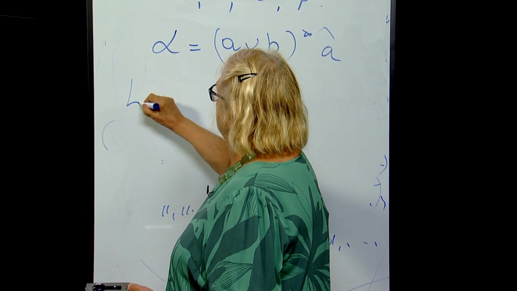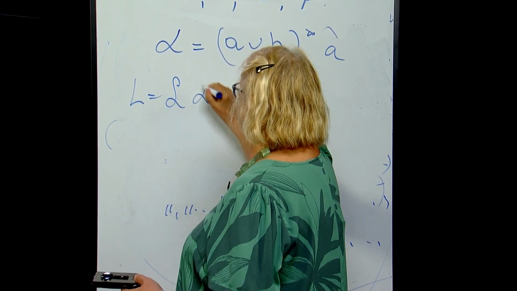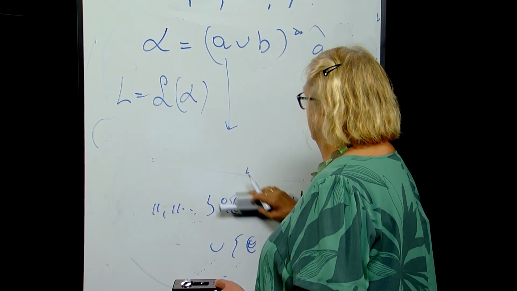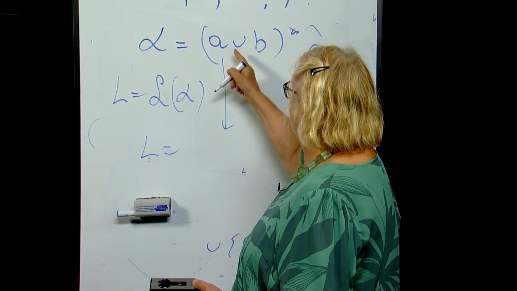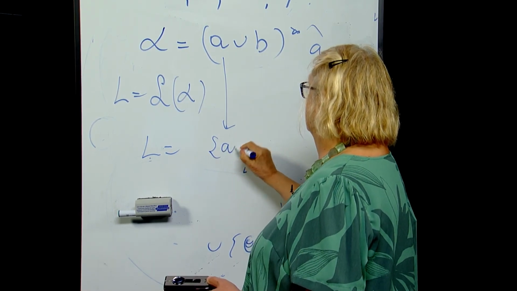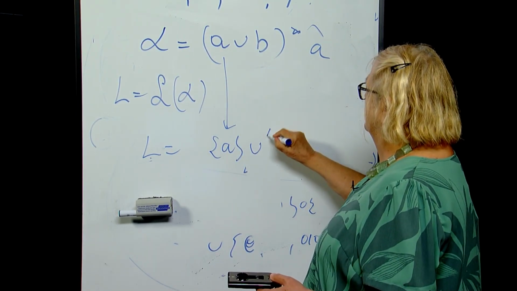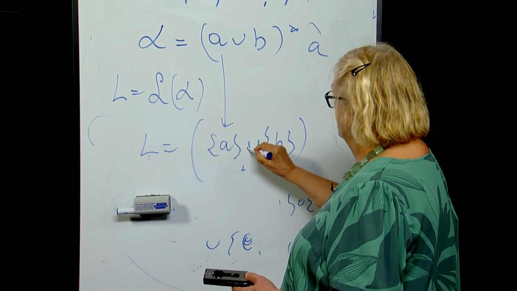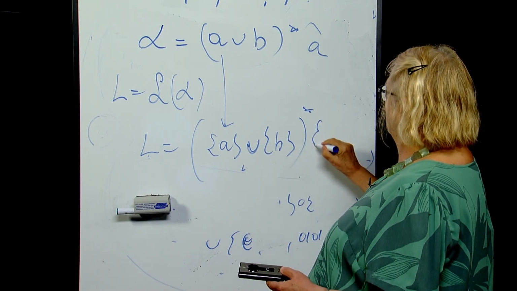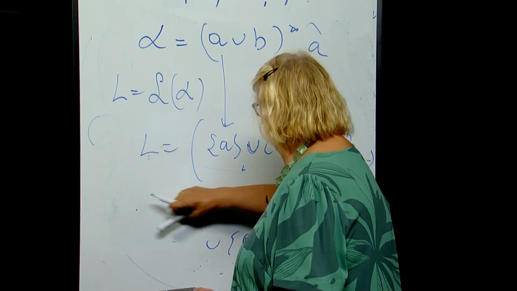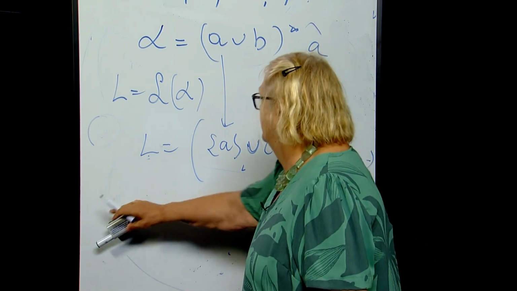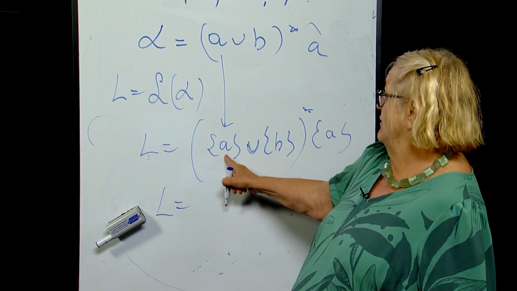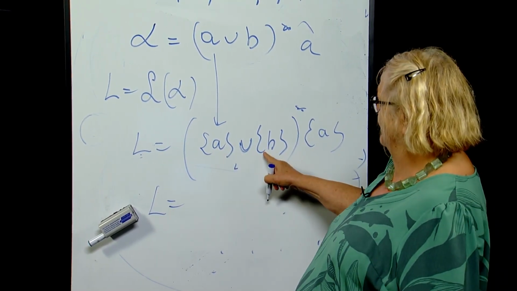The language would be our function of this alpha. So the function L would be A becomes A, B becomes B. This is now the union of two languages concatenated with A. And now you can write, so L would be, this is a one element set, union one element set.